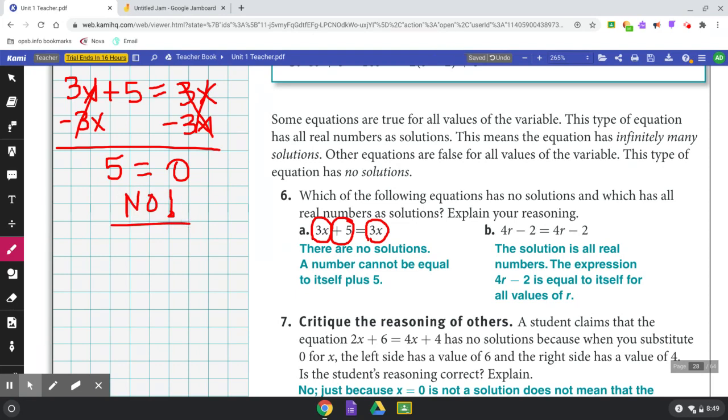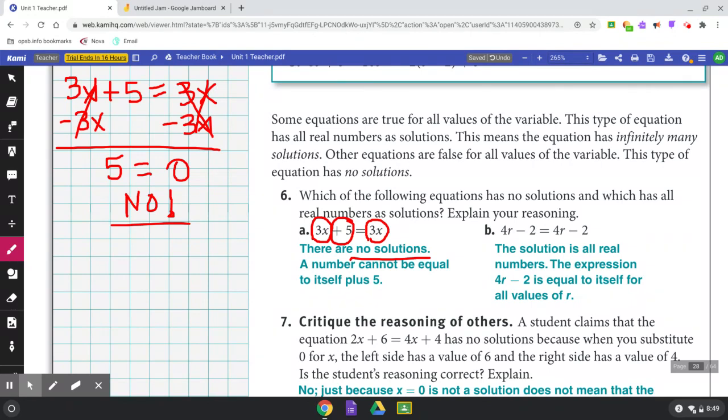So part A is your no solution. Part B, like I just explained in Nina's explanation on page 25, where I said if you had the same on both sides, it's all real numbers, infinitely many.